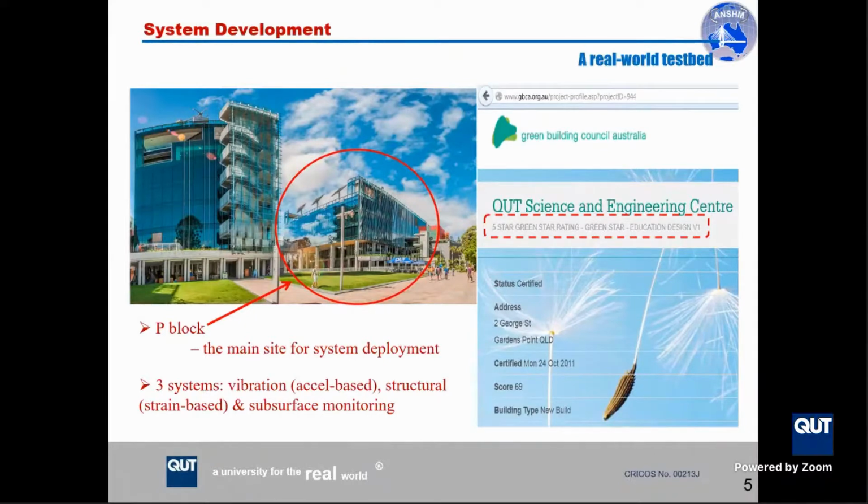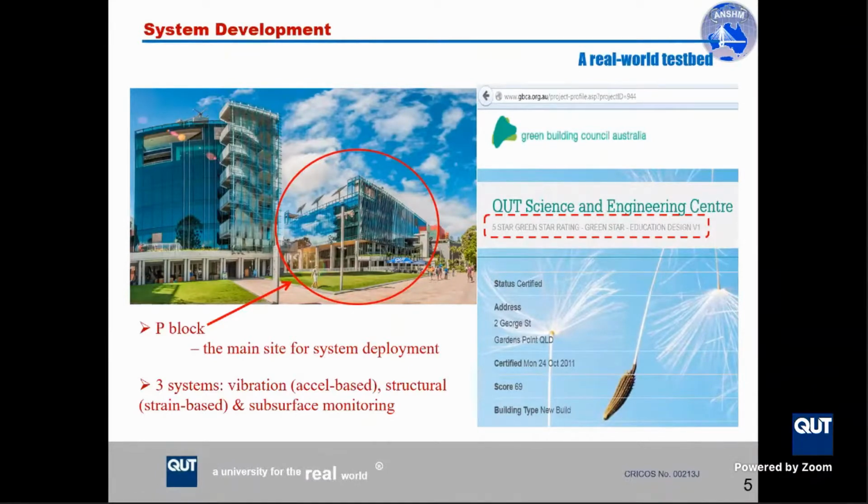Firstly, research on system development is one of our priorities at QUT to bring structural modeling technologies to be more practical and closer to real-world applications. As you can see, here we have a building complex, we call it the P-block or QUT Science and Engineering Centre, which has achieved a 5-star green rating from the Green Building Council of Australia.